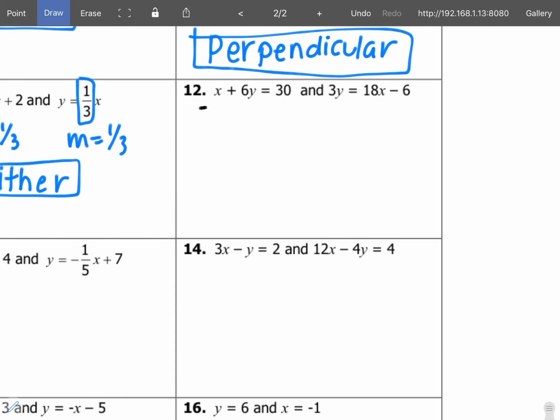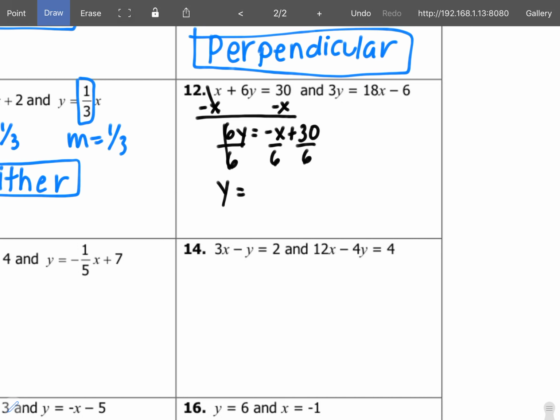So let's subtract x. Remember, we always get rid of the x first when we need to get it in that form. x minus x is 0. We have 6y equals, put the x term first, negative x plus 30. And then we divide each side by 6. Now, remember, we divide each number by 6. 6 is canceled. We have y equals.